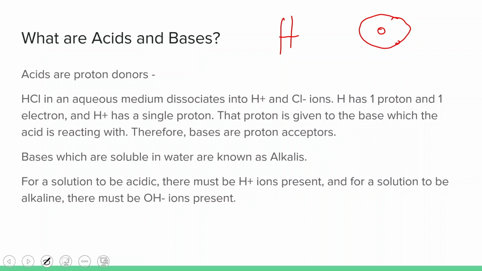The H+ ion will basically lose that electron to give us a single proton. So acids simply dissociate into a proton and a chloride ion in this case, or basically an anion. So they donate that proton, and that proton is accepted by the base, and therefore bases are proton acceptors.